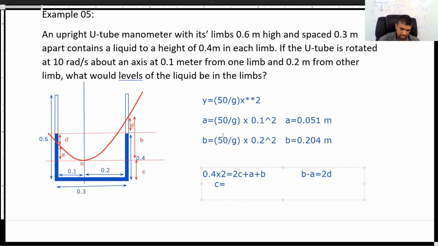C divided by, 2725, right? D we can take as the difference.